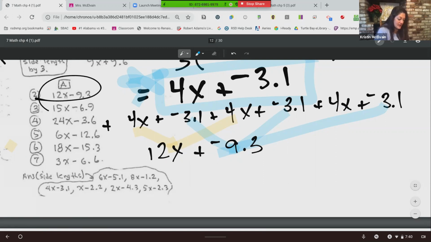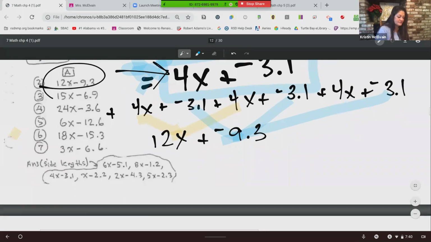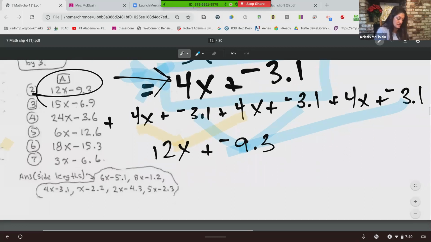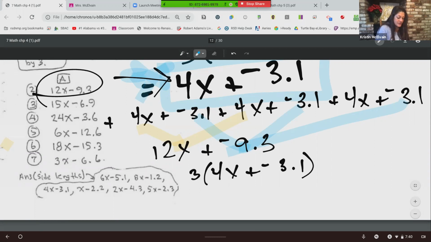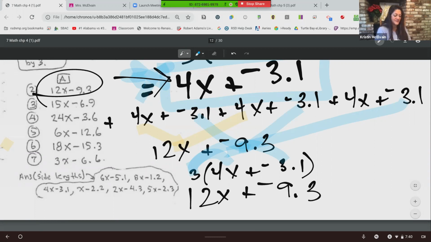Now we're going to take this value here and do it with multiplication. So that will be 3, because there's 3 sides, times 4x plus negative 3.1. When you distribute that, it gives you the same thing, 12x plus negative 9.3.